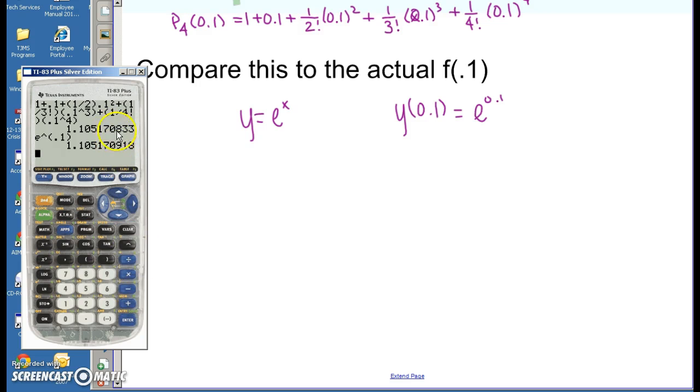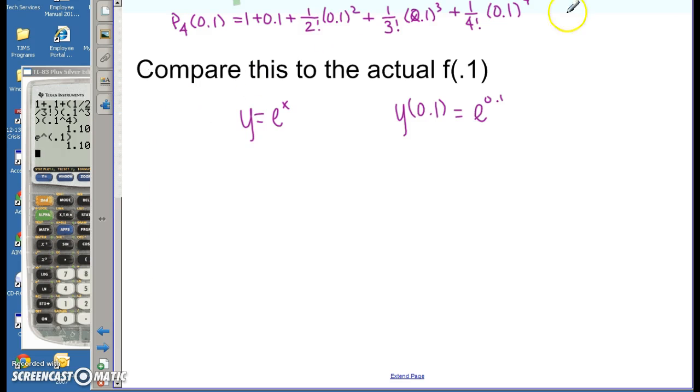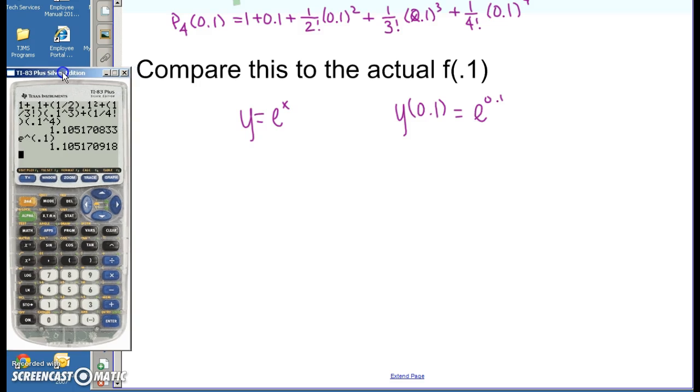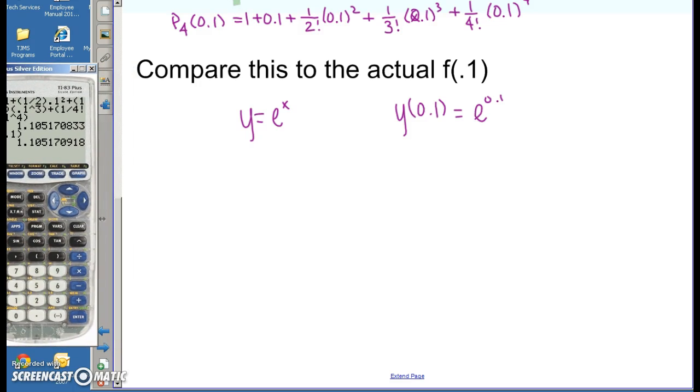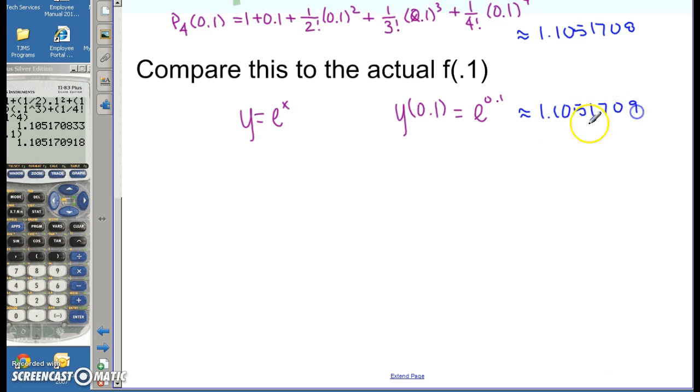There's the comparison between the two. We've got our approximation of 1.1051708 to the actual 1.1051709. That's pretty darn close.